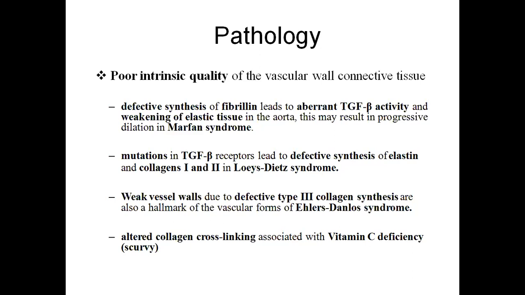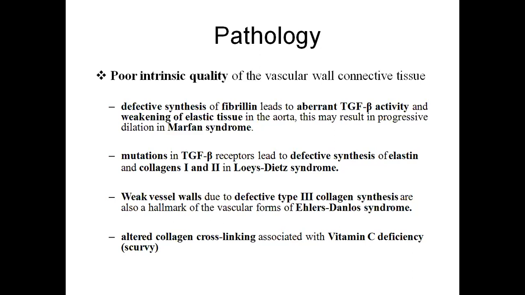Again, mutation in TGF-beta receptor leads to defective synthesis of elastin and collagen type 1 and 2 in Loeys-Dietz syndrome. Weak vessel wall due to defective type 3 collagen synthesis is also a hallmark of vascular wall in Ehlers-Danlos syndrome, and altered collagen cross-linking is associated with vitamin C deficiency, scurvy.